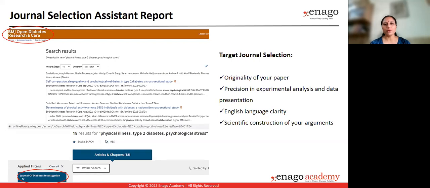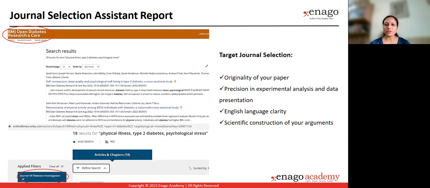Please look into these findings in comparison to how or to what extent your paper stands original as compared to them. Of course, as we discussed, the precision in experimental analysis and data is unique to your paper and needs to be ensured by you only.